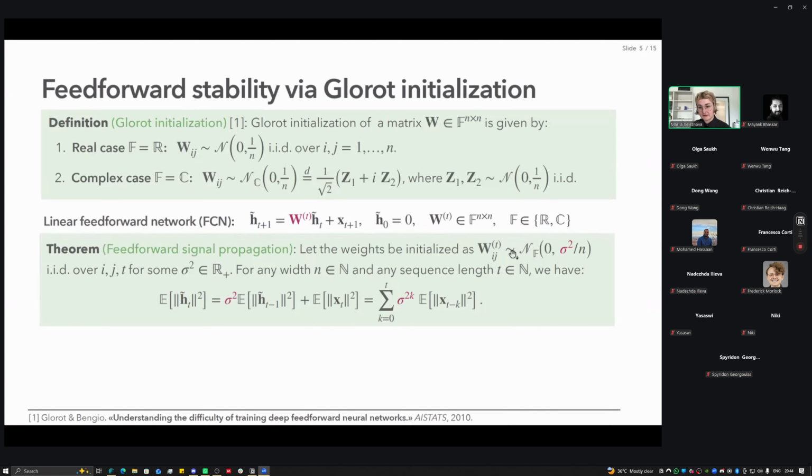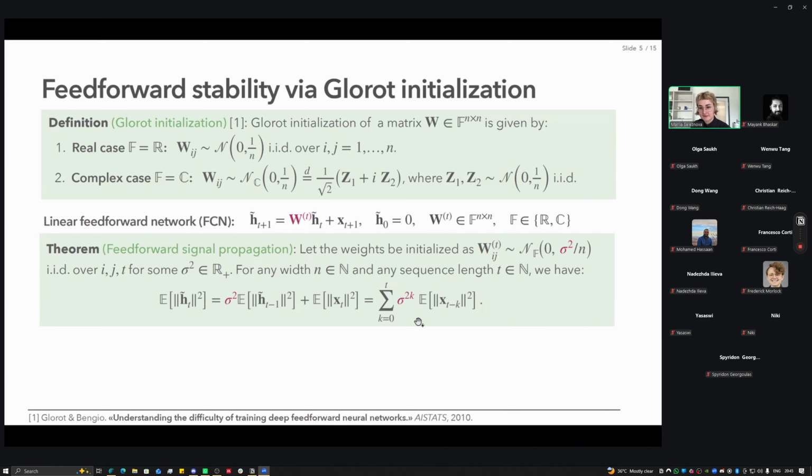Basically, for any initialization that is Gaussian with the variance sigma squared divided by the width n, we can immediately write a recurrence where the norm of the new hidden state is equal to the norm of the previous hidden state multiplied by sigma squared, and added the norm of the new input.